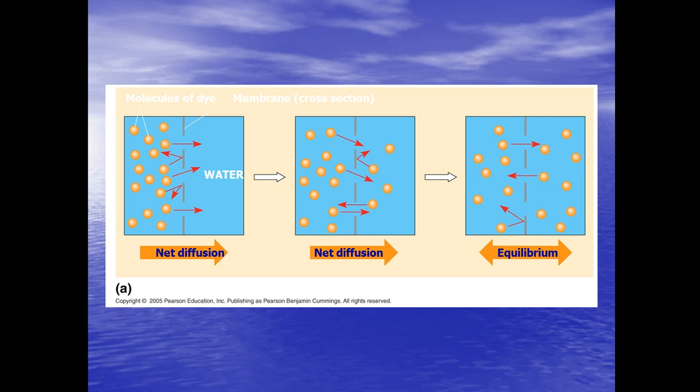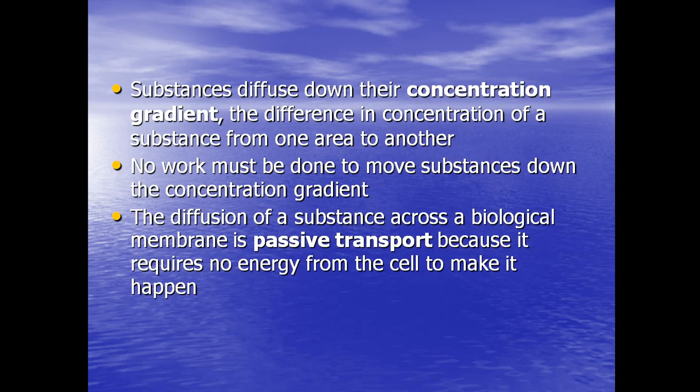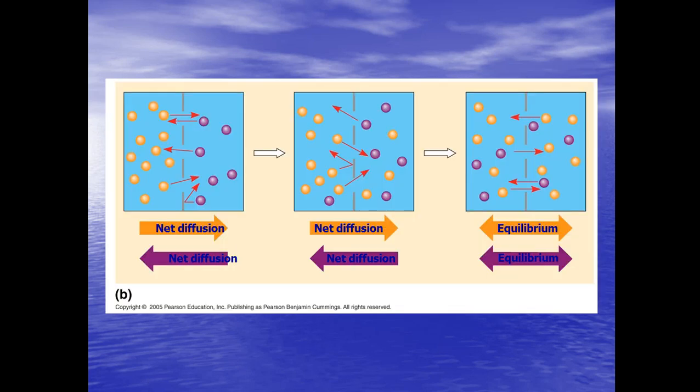There is no requirement of energy. That means the substances diffuse down their concentration gradient. No energy is utilized here. So that's why it is known as passive transport, and there is no need of energy investment.